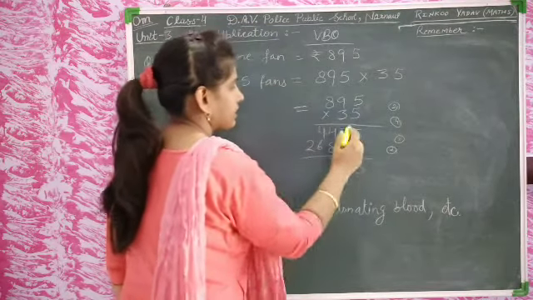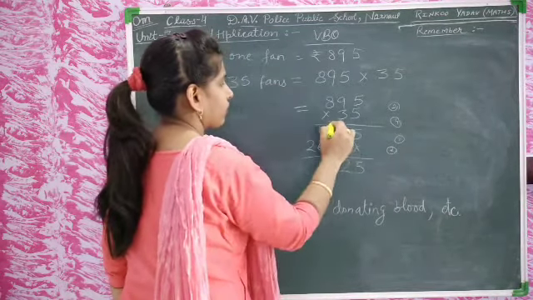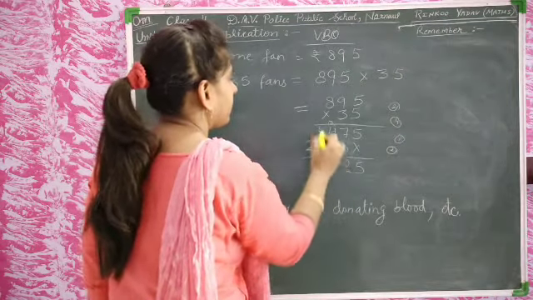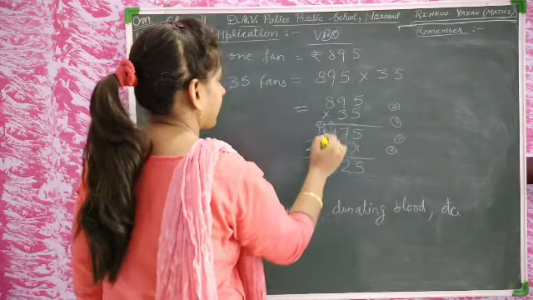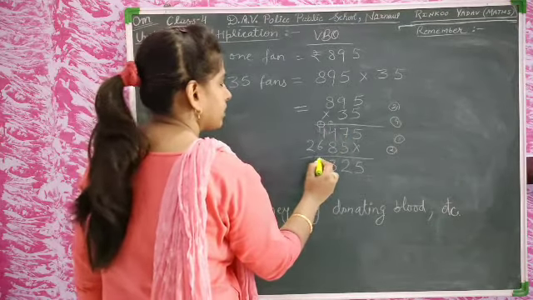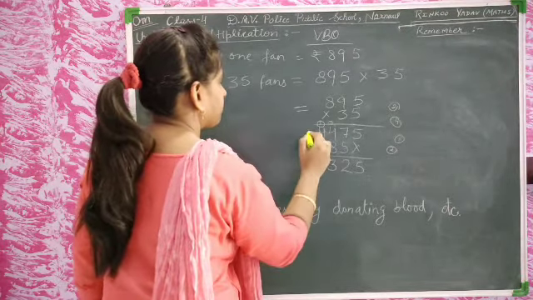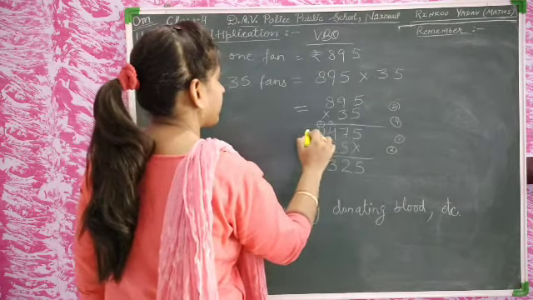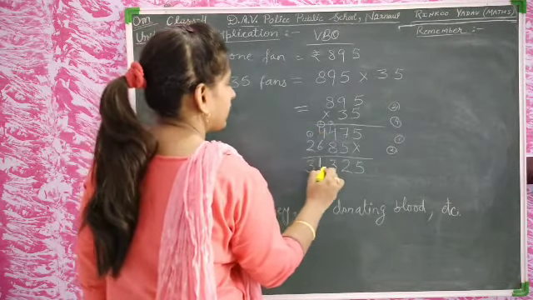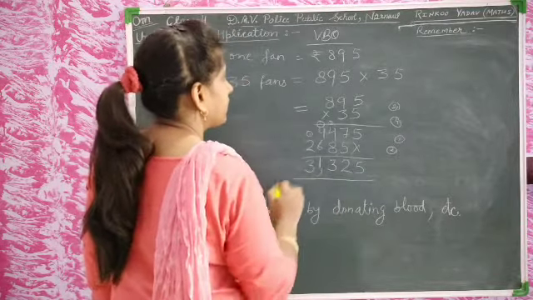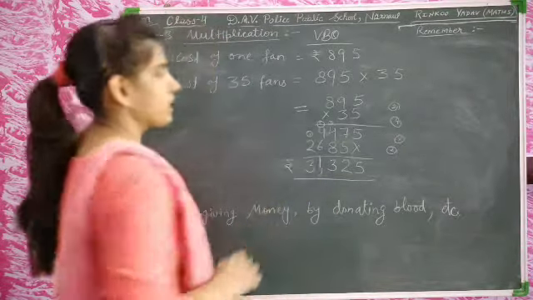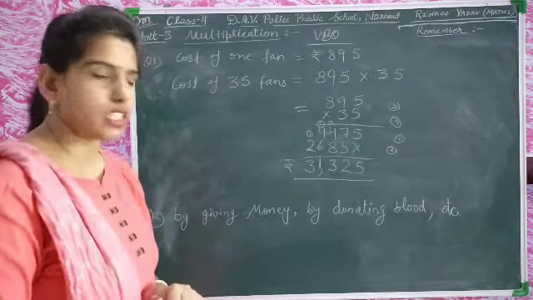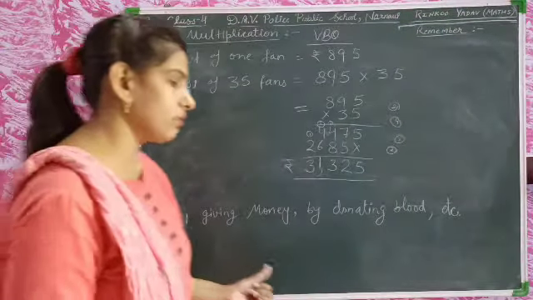Now we add: 7, 5 plus 5 is 12, 1 is carried. 4 plus 1, 5, plus 8, 13, carrying again. 4 plus 1, 5, plus 6, 11. 1 is carried. 2 plus 1, 3. 31,325 rupees is the cost of 35 fans. Is this clear?